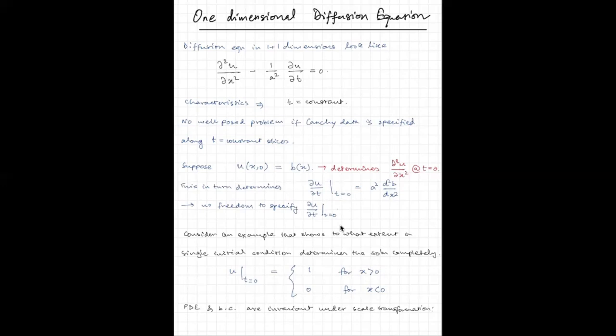Scale transformation is the following: x goes to s times x and t goes to s squared times t, for all s. This leaves your equation invariant, and it also leaves the boundary condition invariant. So the solution to this equation has to also obey this transformation.